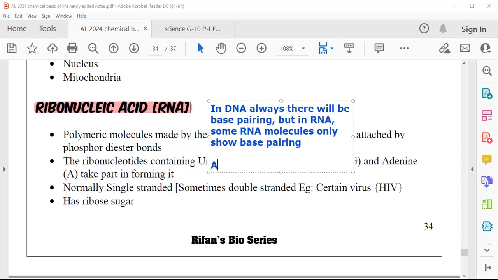In that place, adenine will be paired to whom? Uracil. Guanine will be as usual paired to whom? Cytosine. How many bonds will be there between guanine and cytosine? 3 bonds. Complete it.